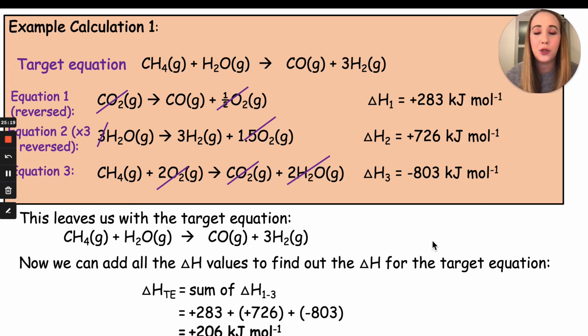And what it's also going to do is show the marker that you understand the process that you're working through and what you need to do to these equations in order to get to your final answer. So really important, as always, that you do show the working and your thought process as you're working through these types of questions.